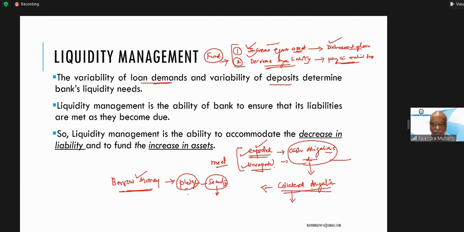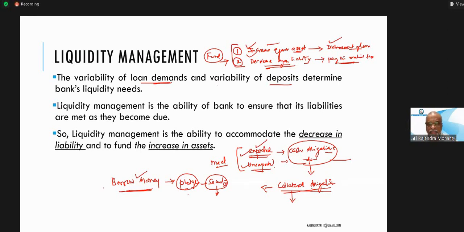Okay, so not only for meeting the cash obligation, but also sometimes collateral obligations are to be fulfilled. For that reason, banks' liquidity should be there. So we can say that a bank is said to have enough liquidity when it can obtain sufficient funds, either it is having sufficient fund with the bank itself, or it can obtain sufficient fund either by increasing the liability or converting a liquid asset promptly at a reasonable cost.